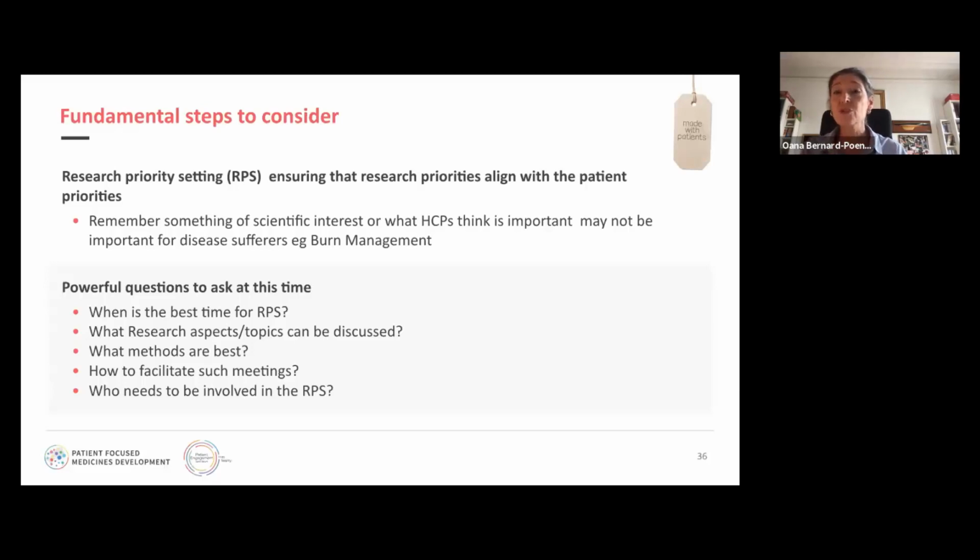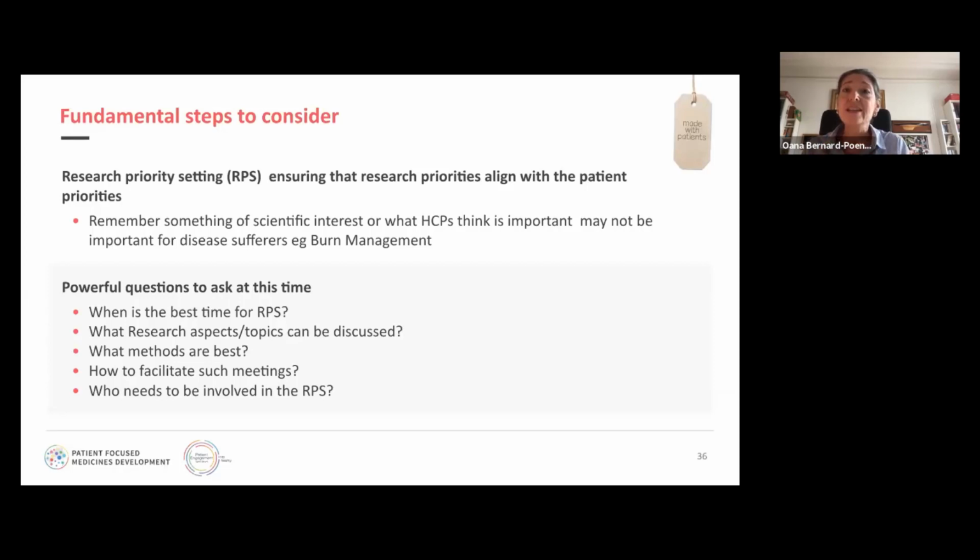So it is important to remember that something that is a scientific interest or that matters to healthcare professionals might not be so important for patients, or patient importance is on other aspects. So it's absolutely mandatory, for having a relevant research, to really focus on what patients say: this is the most important to me.